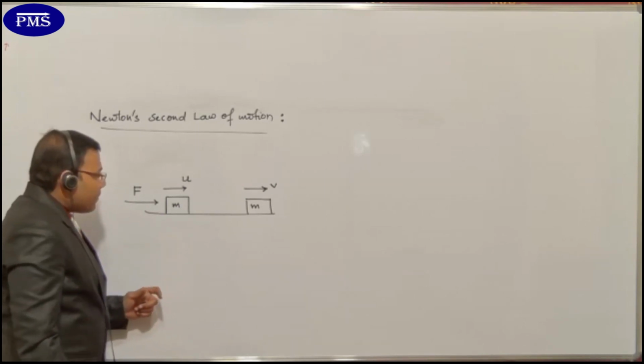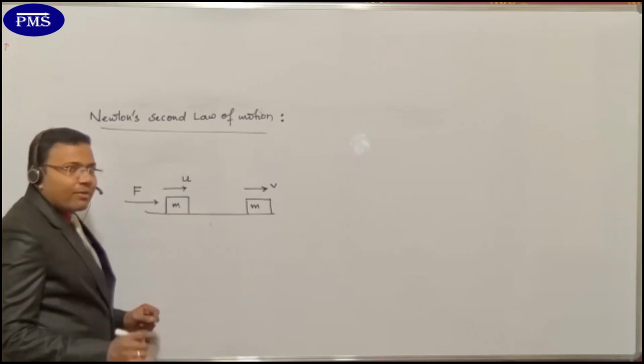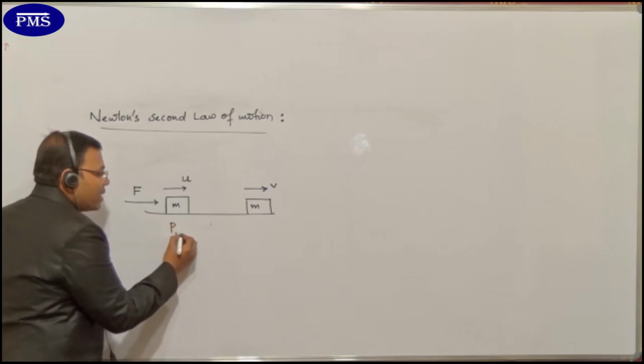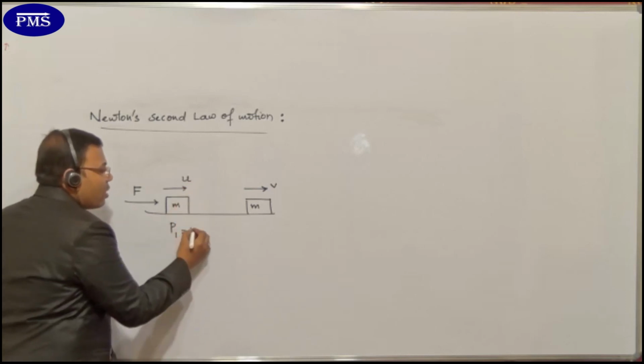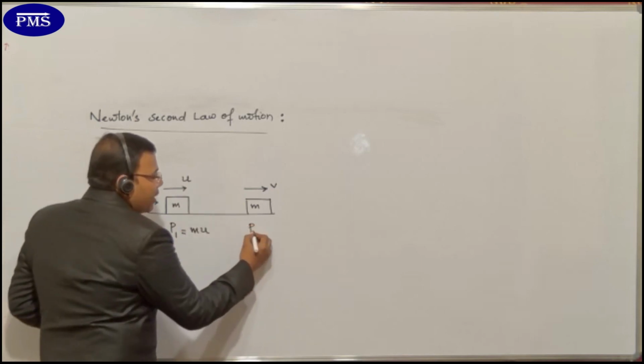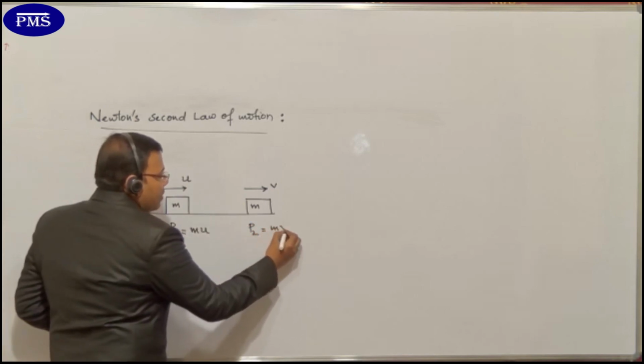So if I want to calculate the change in momentum, first I will calculate the initial momentum p1. Momentum is mass into velocity. This is mu. Then I will calculate the final momentum p2, and this is mv.